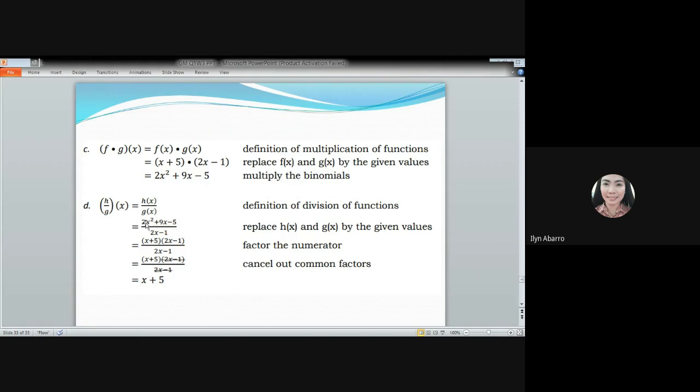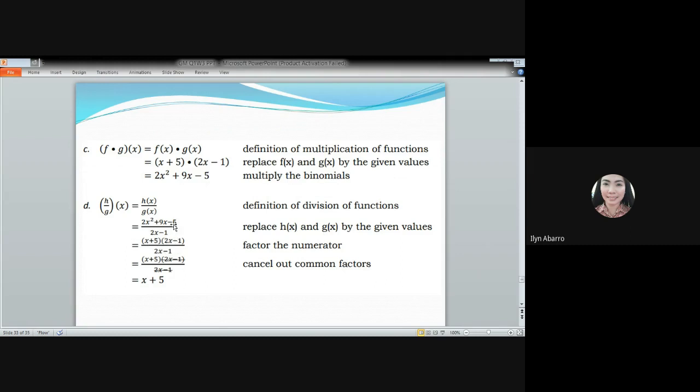This quadratic trinomial can be factored out by the trial and error method. Remember that? First, factor 2x squared. So the factor of 2x squared is x times 2x. And then factor negative 5 in a way that we will get the middle term if we're going to multiply the inner and the outer.